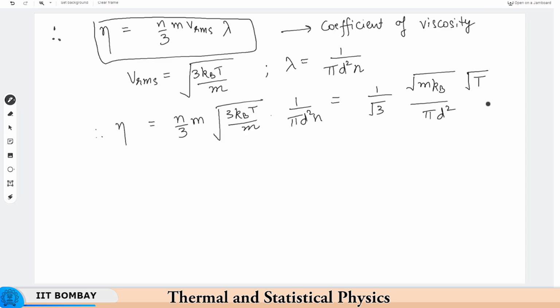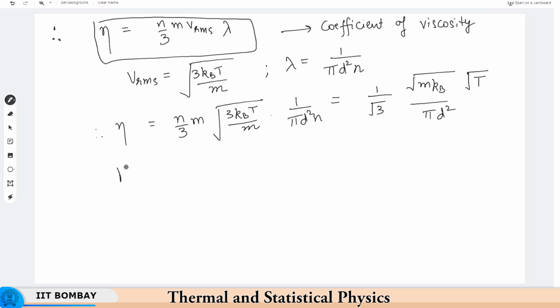The important result here is that for ideal gases, and remember this is still true only for gases, we are still assuming there are no intermolecular attractive forces, so this is very much in the gaseous phase.